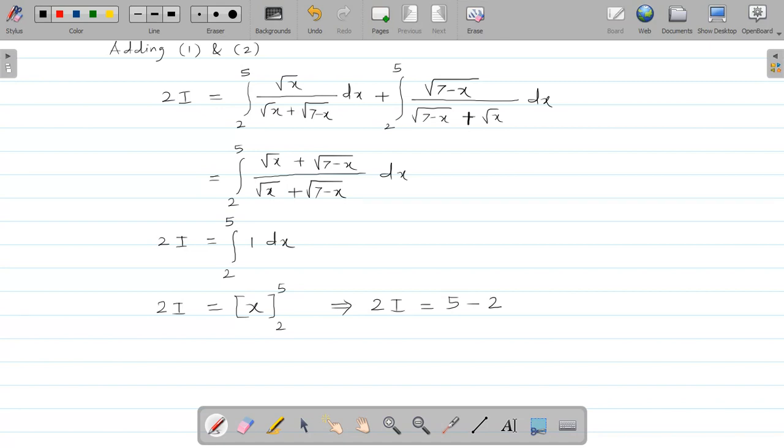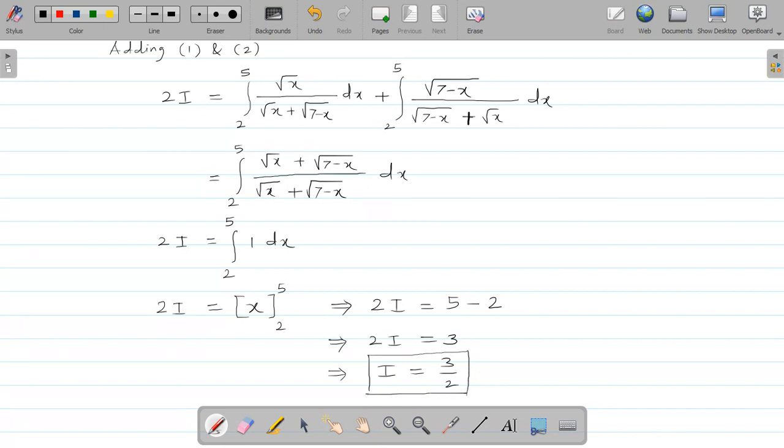So hence we get 2I is equal to 5 minus 2. That implies 2I is equal to 3, and hence I is equal to 3 by 2. So this is the answer of that given integration, that is I is equal to 3 by 2.